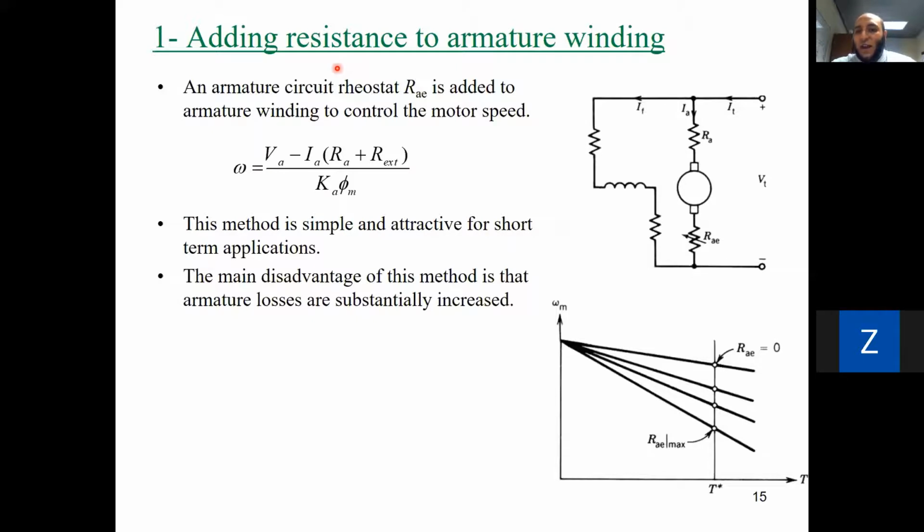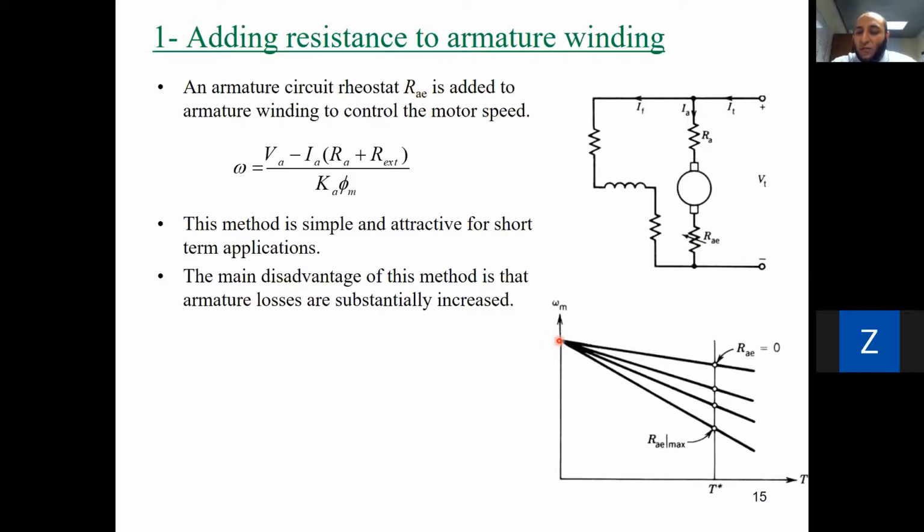First way is by adding resistance. We can see here, this is our relation, and here is the added rheostat resistance for the armature winding. By controlling this value of resistor, we can find that, if we know the relation for speed at no load, you remember we said speed at no load equal to V divided by K phi.